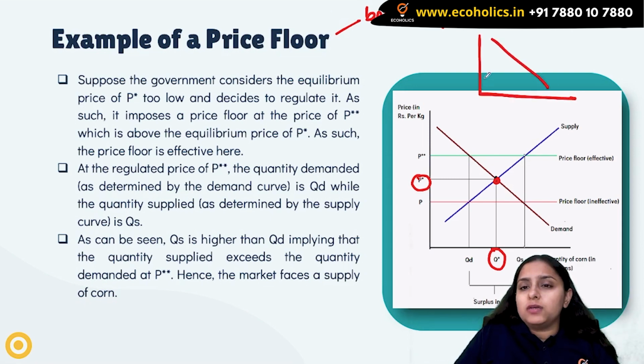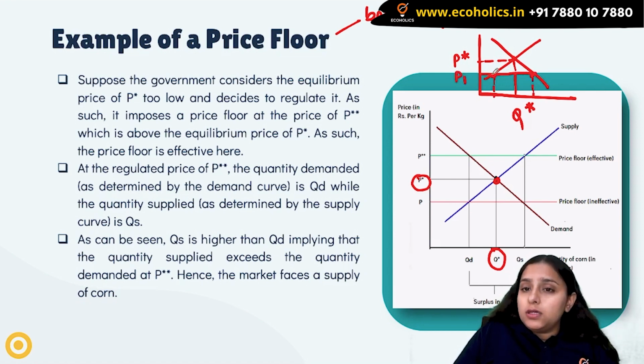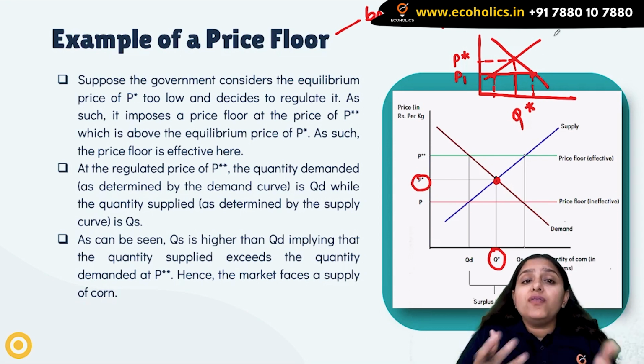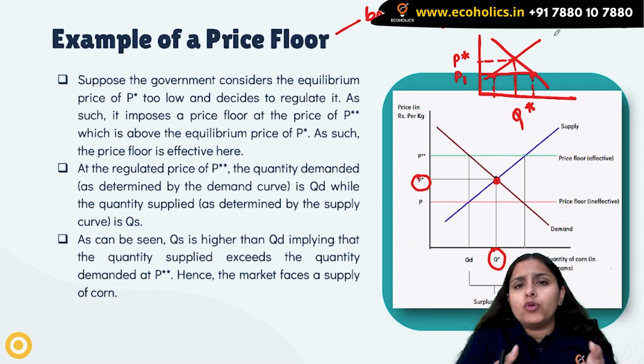This is your demand curve, this is your supply. This was your equilibrium price. Now you are keeping the price floor below this. Let us say this is the price floor you are keeping, P1. What is happening? Here, the supply is less than demand. But why were you imposing a price floor? What was the prime objective of having a price floor?